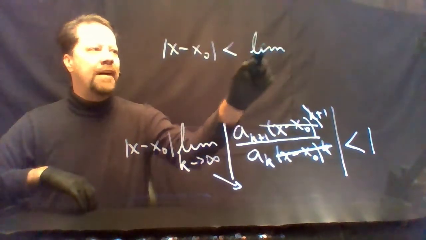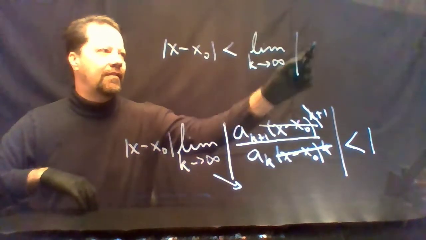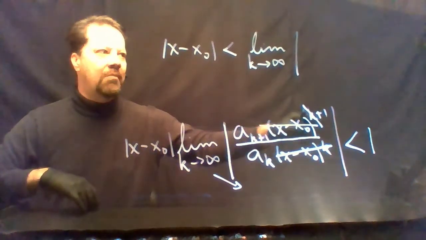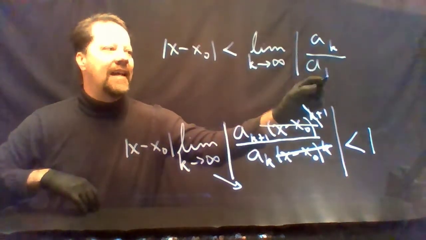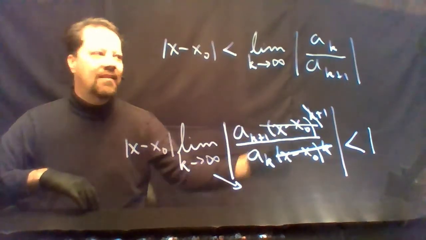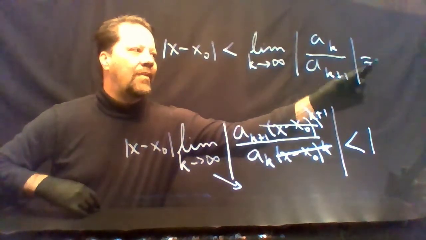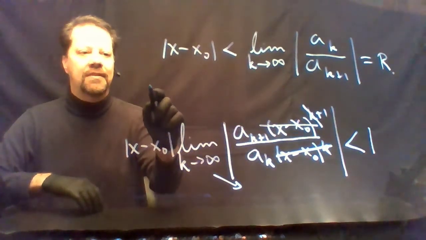When you divide by a fraction, you may invert that. You invert and multiply. We end up with what looks like an upside down ratio test. We'll call the value on the right-hand side r for radius of convergence.